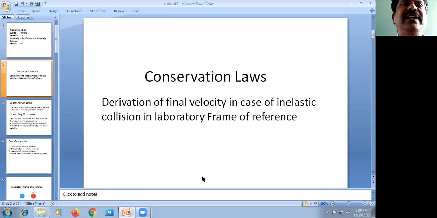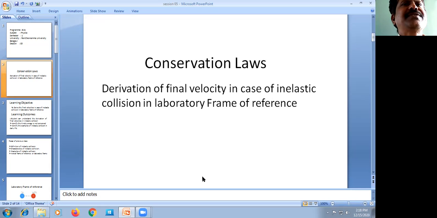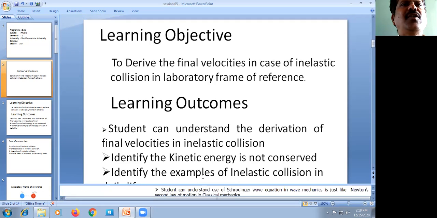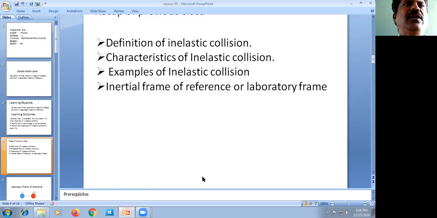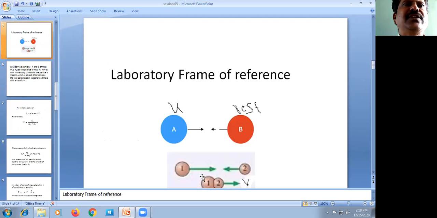Such frames of reference are called laboratory frames of reference. So let us derive the velocities of those two particles in inelastic collisions in the laboratory frame of reference.